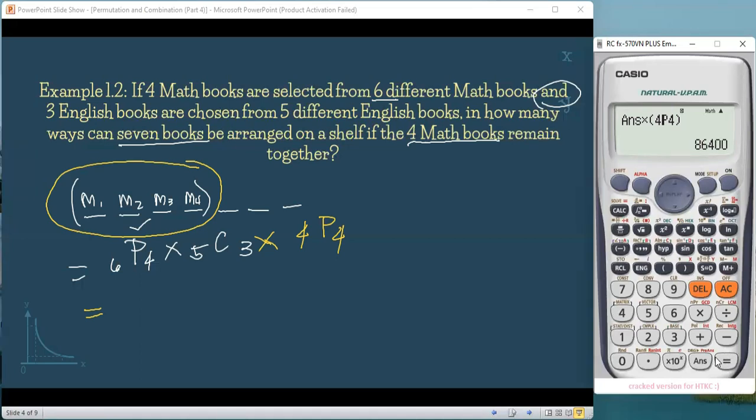So that will give us 86,400. So our final answer is 86,400 po. Yan po yung total arrangement po natin kung ito po yung magiging condition natin or yung magiging restriction natin na kailangan magkakasama si maths. Opo, it's either nasa unahan sila, nasa gitna, or nasa hulihan.